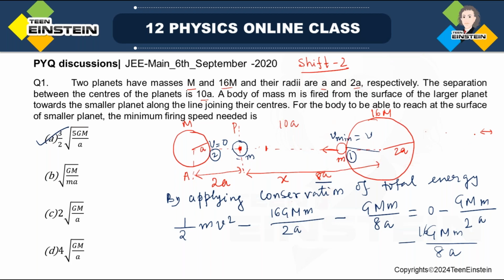So that is how we go for the conservation of energy. In this case, finding out the neutral point was necessary. So this is the answer.